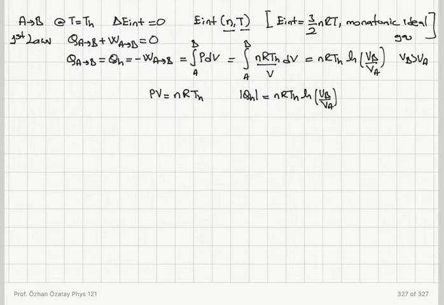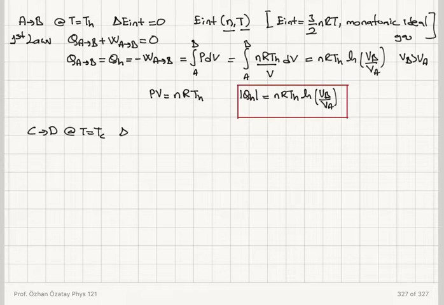Okay, so let's keep this in mind. This is the energy that we're absorbing from the hot reservoir. Now I go to the cold reservoir, process from C to D. C to D process is at temperature Tc, therefore the same story, internal energy change is 0, and therefore I find that the energy that I'm adding to the system, Qc to D, plus the work done on the system is equal to 0.